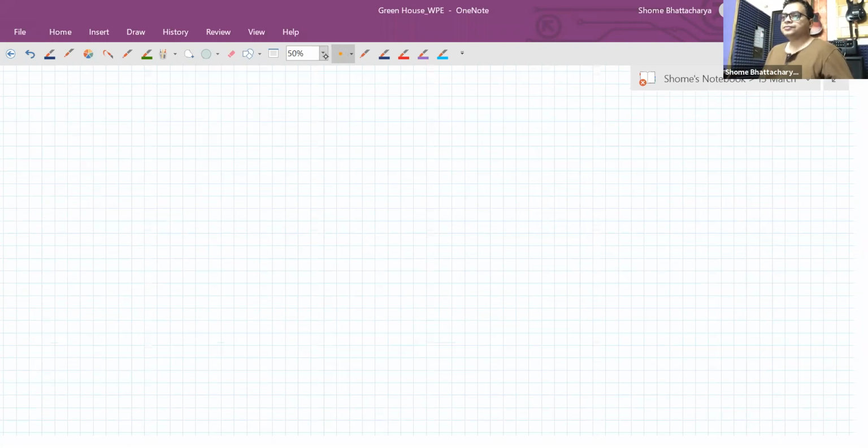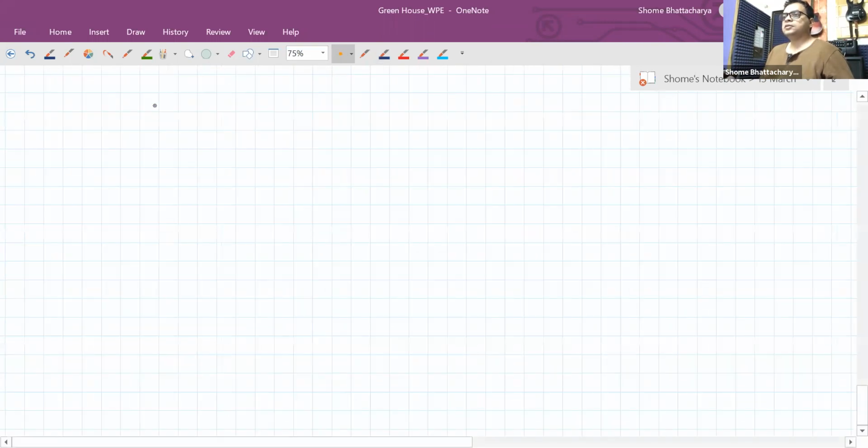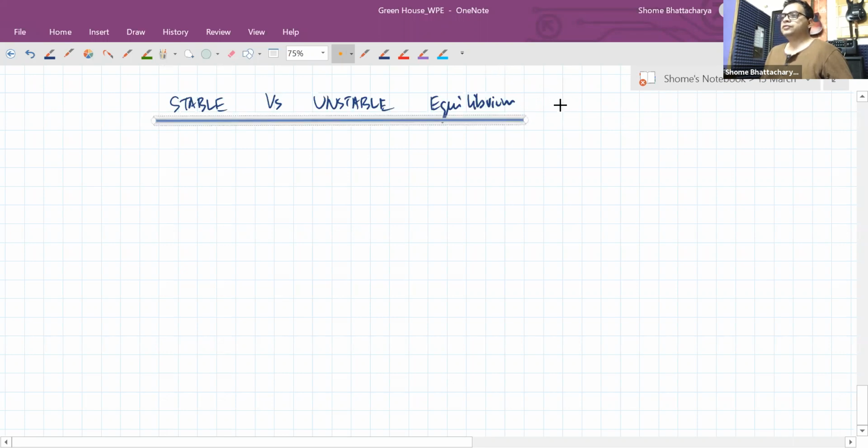Okay, now next thing, come back to the idea of stable versus unstable equilibrium. Remember, we are right now talking in context of one-dimensional system with only conservative force.